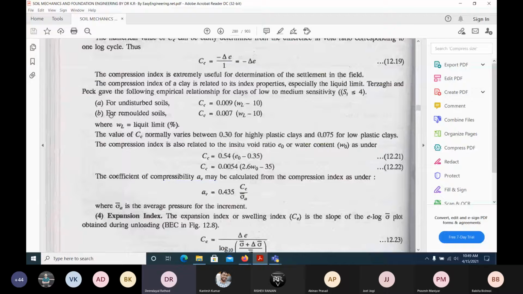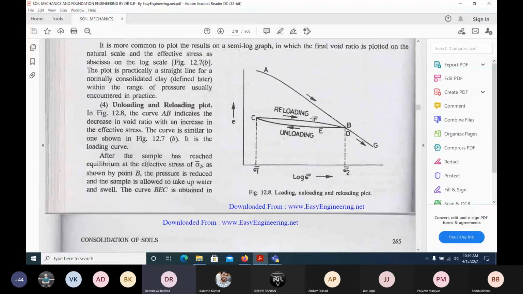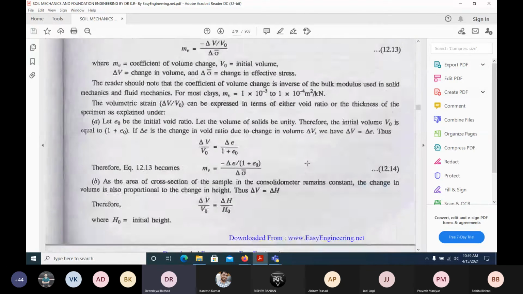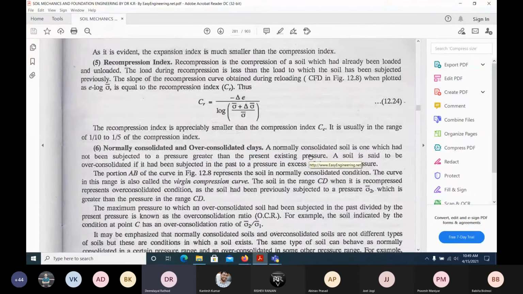CFD is the recompression index, with delta e over the change in effective stress. The recompression index is appreciably smaller than the compression index, definitely. The slope would be smaller, and it is usually in the range of 1/10 to 1/5 of the compression index.